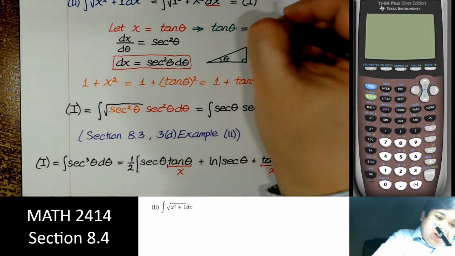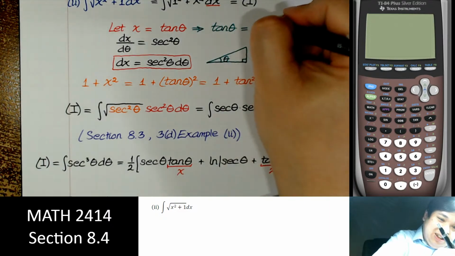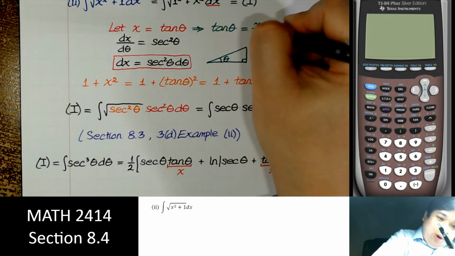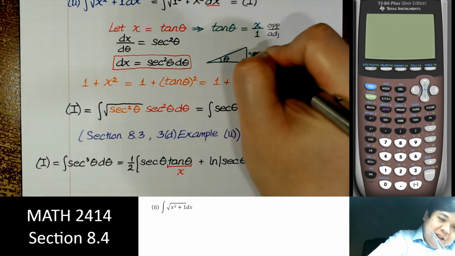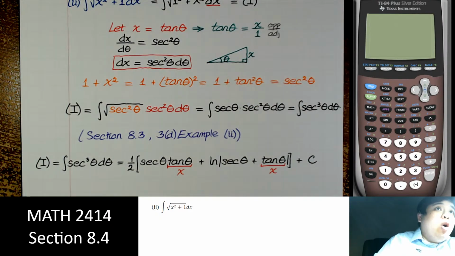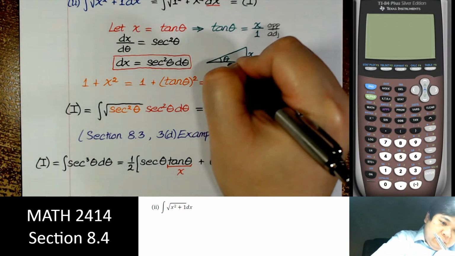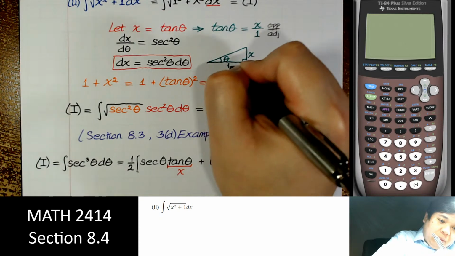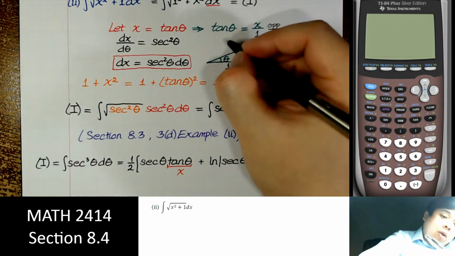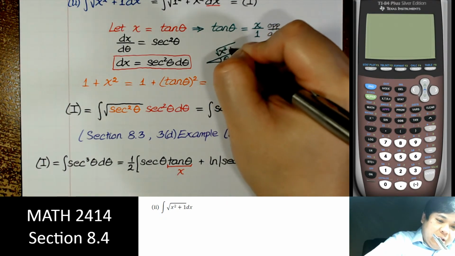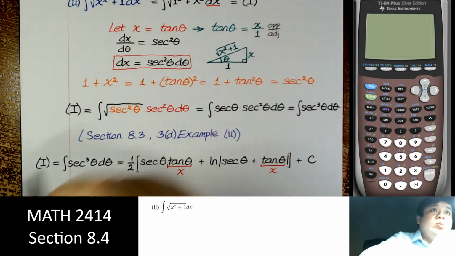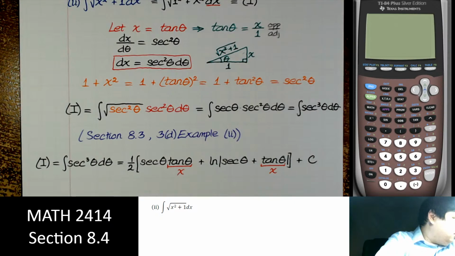Right. Tangent is opposite over adjacent. So we have opposite is x over adjacent 1. The hypotenuse therefore will be square root of x squared plus 1 squared, or just square root of x squared plus 1.